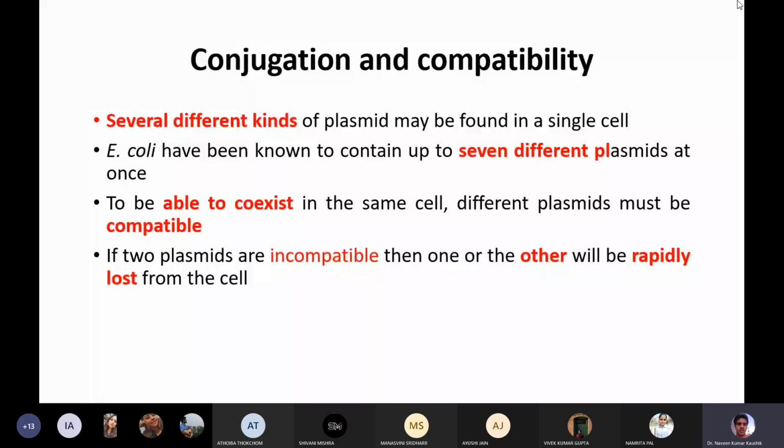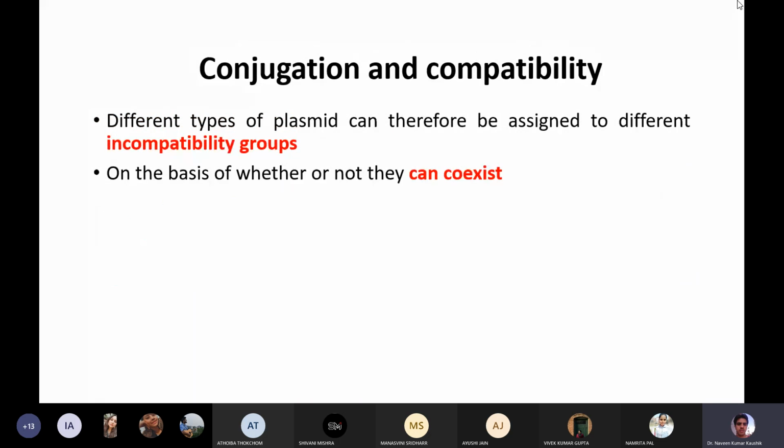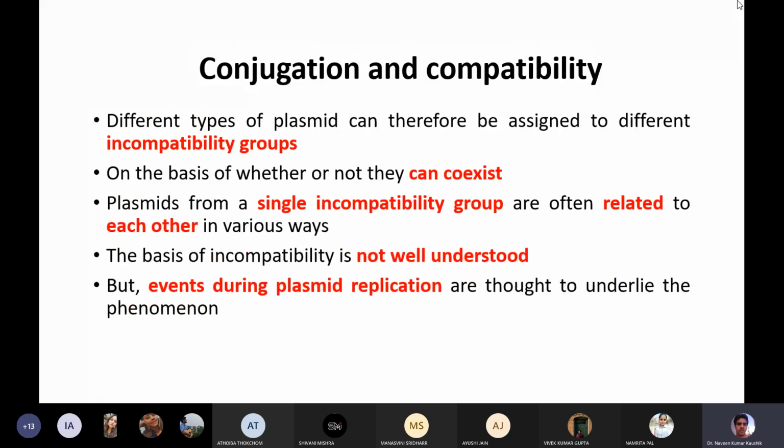Different types of plasmids can therefore be assigned to different incompatibility groups. So you can assign plasmids on the basis of whether they have compatibility with each other or not, and on that basis you have to choose which plasmid to use for cloning. Sometimes we need the presence of two plasmids, like one plasmid in a cell so that it can support the second plasmid.